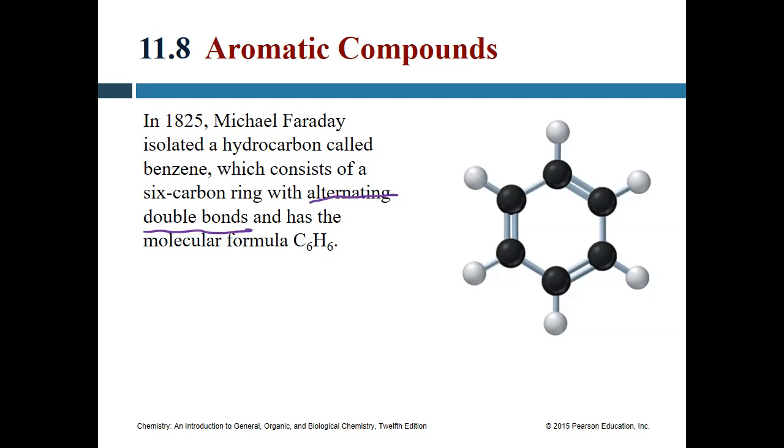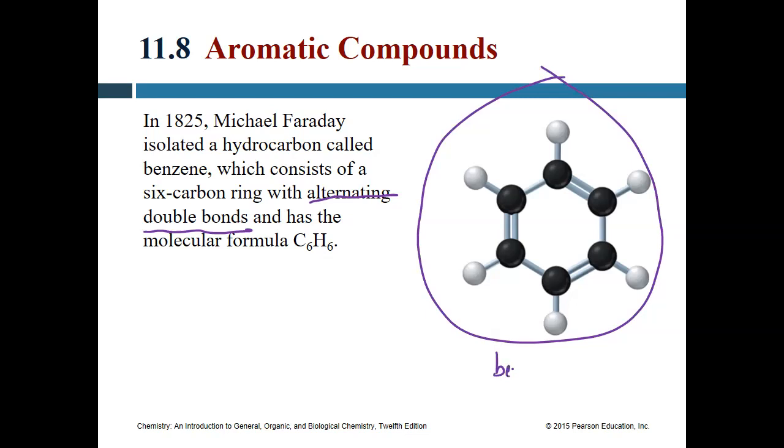But for the most part, when we talk about aromatic compounds in organic chemistry, we're usually talking about this structure right here. This structure right here is benzene. It has a chemical formula C6H6. And what we can see is unique about benzene is it's a ring structure and it alternates double bonds and single bonds all the way around the ring.